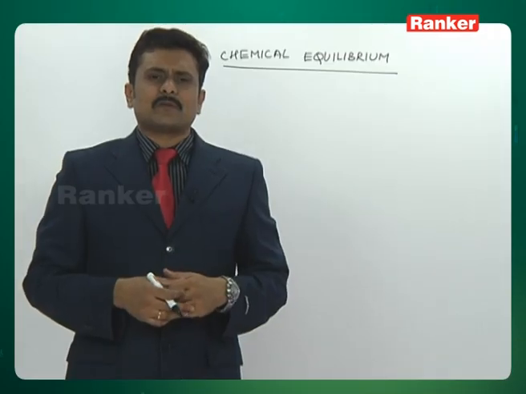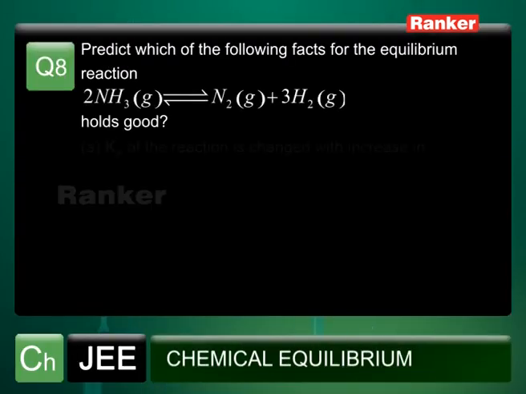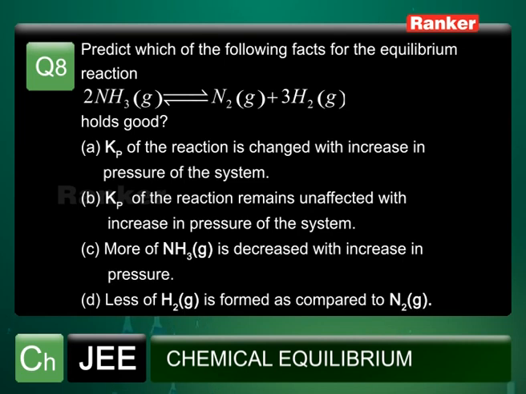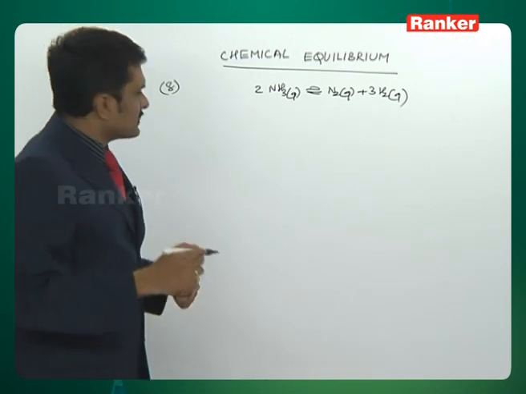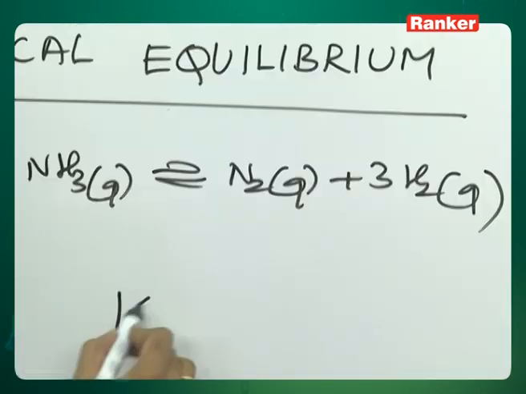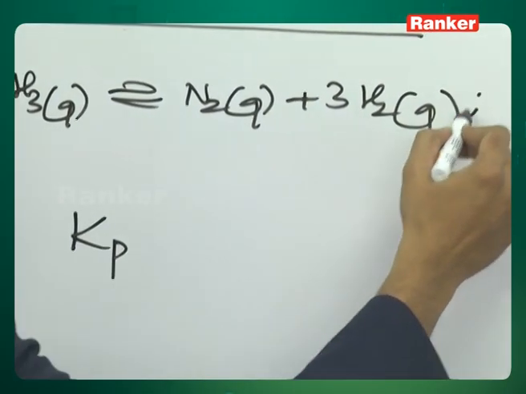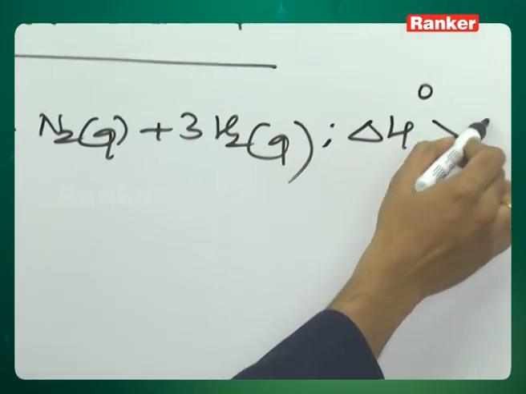Predict which of the following facts for the equilibrium reaction 2 mole of NH3 dissociating into N2 and H2 holds good. You see here the question is related to this Kp. Since it is a dissociation reaction, it is an endothermic one.